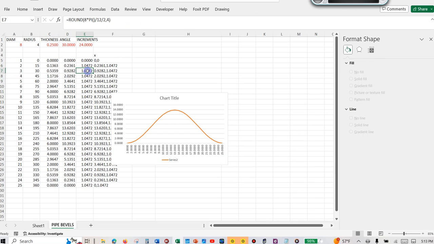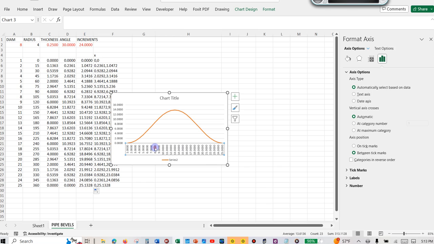Equals. That's better. I don't know how I lost that, but.